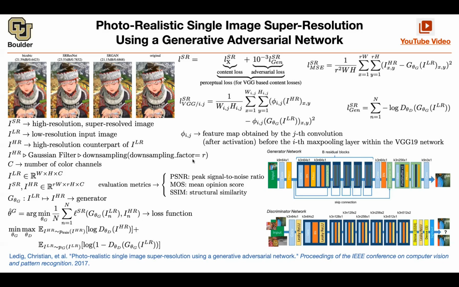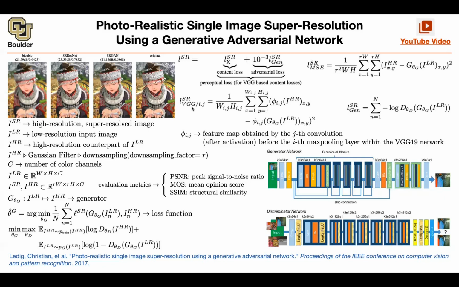Many of the ideas in this paper are actually the ones that we cover in part one of the course, such as rather than using mean squared error as your content loss, this is the mean squared error between the high resolution and the super resolved image. Rather than using mean squared error loss, which is going to give you blurry images, you can actually use a deep neural network to give you the corresponding loss function.